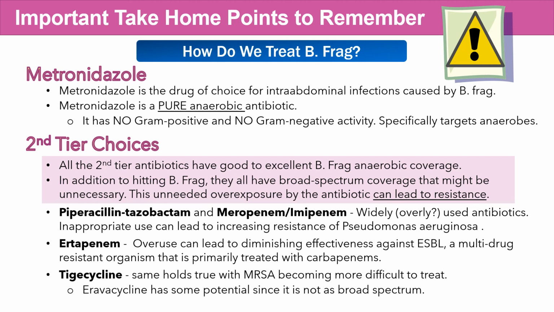And the same holds true with tigecycline, where overuse can lead to MRSA becoming more difficult to treat. Eravacycline, a new tetracycline, has some potential since it's not as broad spectrum in coverage.